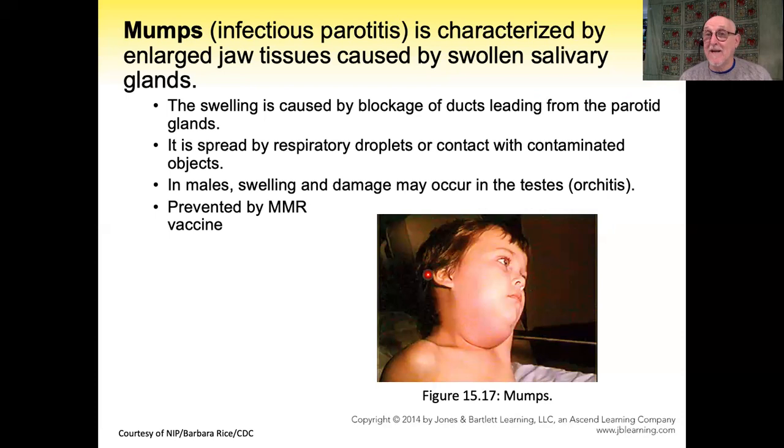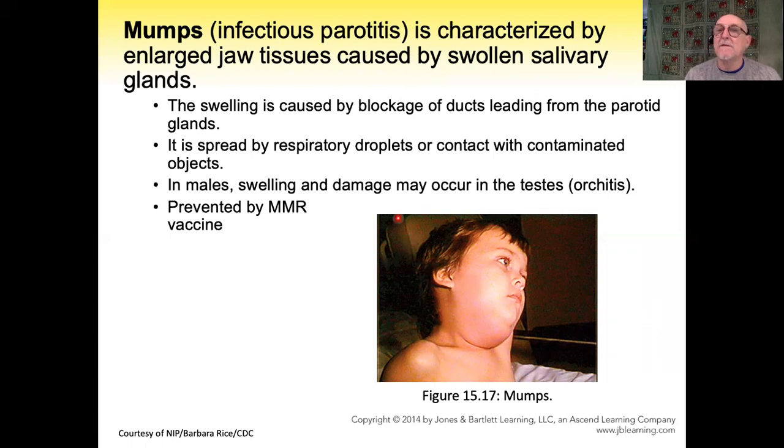The vaccine is very long lasting, and you can actually have a booster later on in life if you want to. So the problem with this virus, in children, it just tends to do this. It is a systemic illness, but its major impact is this uncomfortable swelling and sore throat. But in adults, it tends to have wider spread impacts.